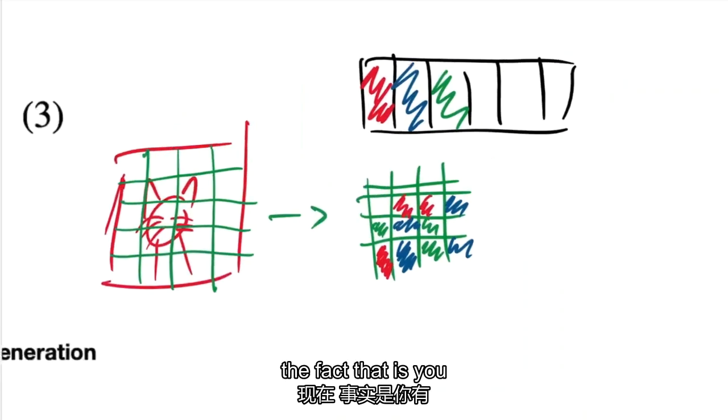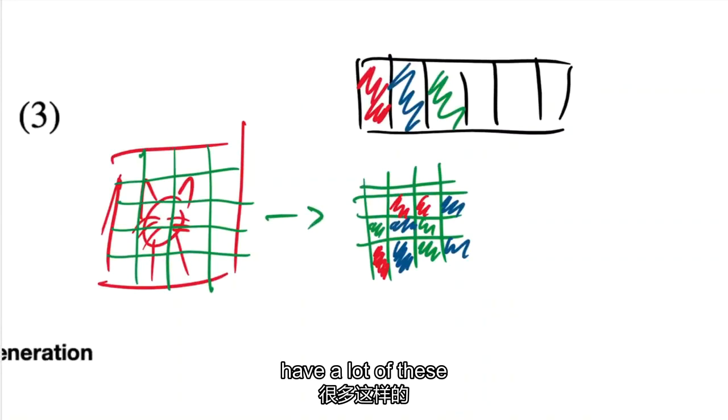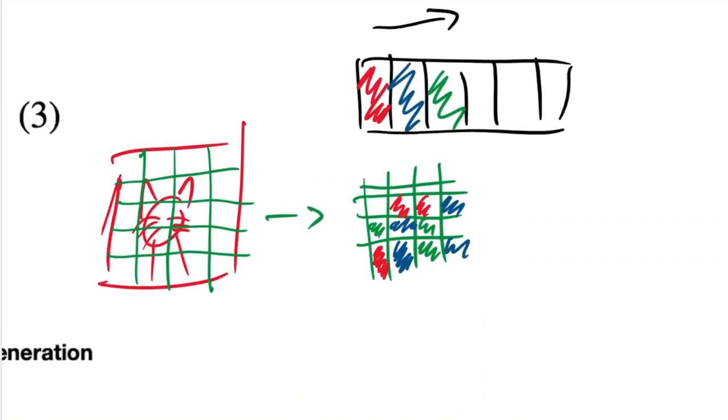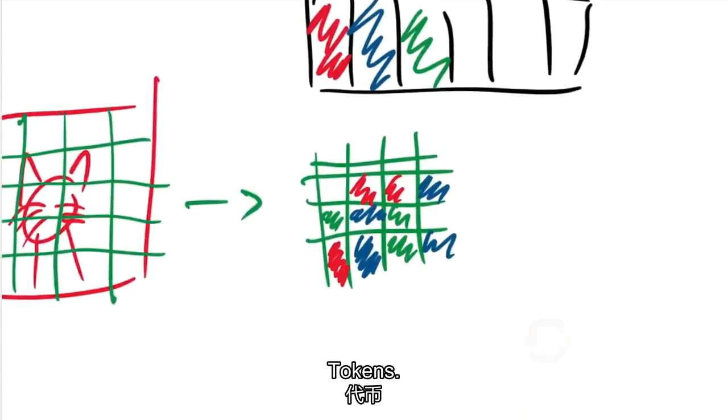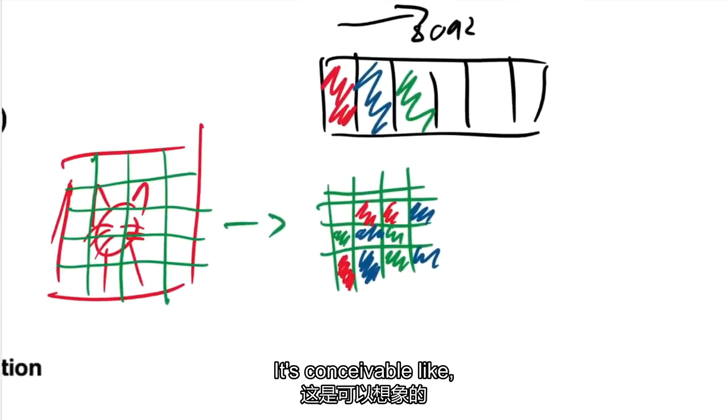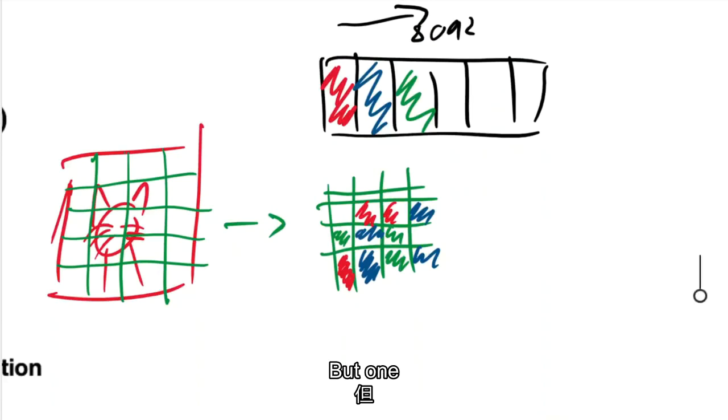Now the fact is you have a lot of these vectors, right? In fact you have 8,092 vectors in DALL-E, and the image only consists of 1024 tokens. So it's conceivable, it's not like here where you have to reuse the same token over and over again. But one of these tokens could, for example, be sky.